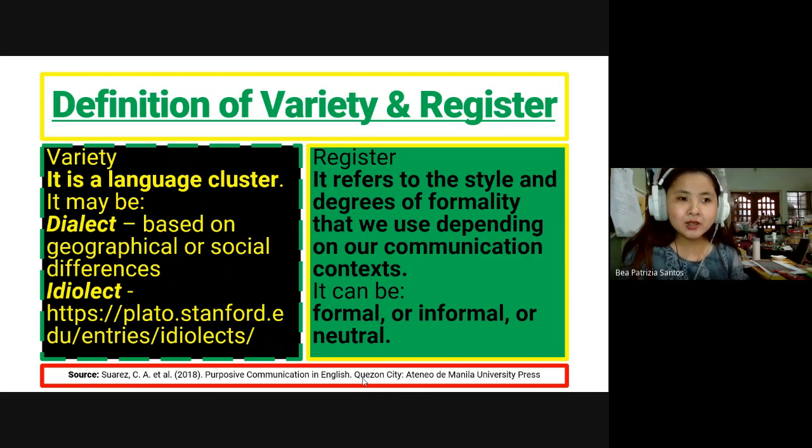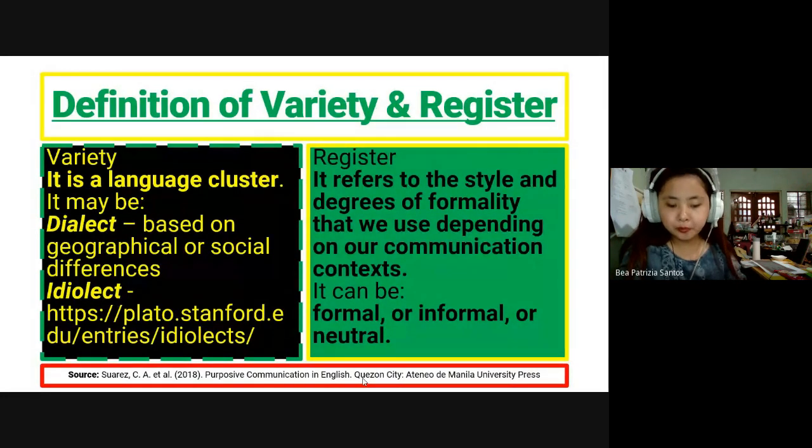Next, register. It's the level of formality. Generally, it can be informal, neutral, or formal. First, formal. It is professional communication. Informal is casual communication.